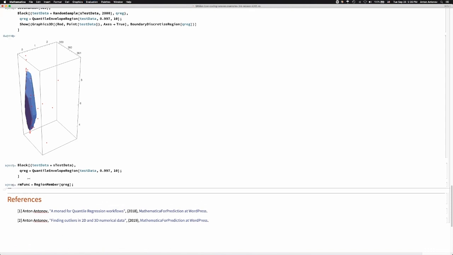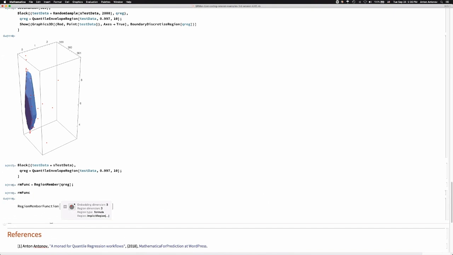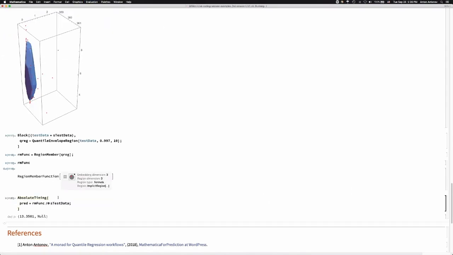So let me show it here. You can form different predicates about which points belong to this region and which don't. So if I do that, this can take around 15 seconds.